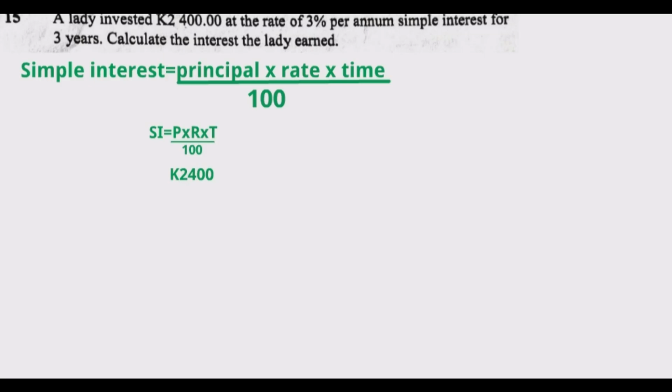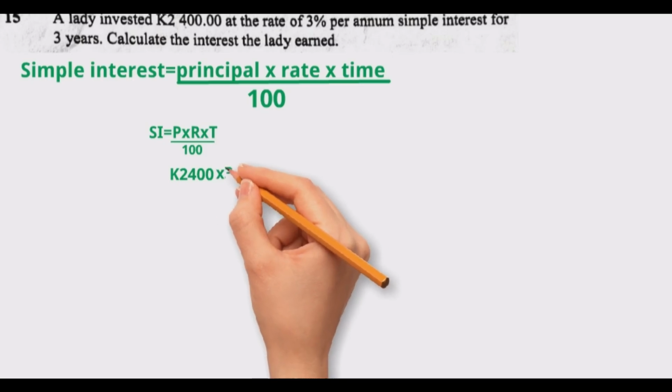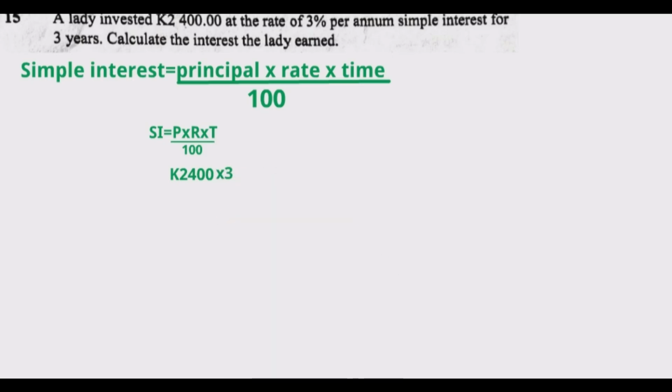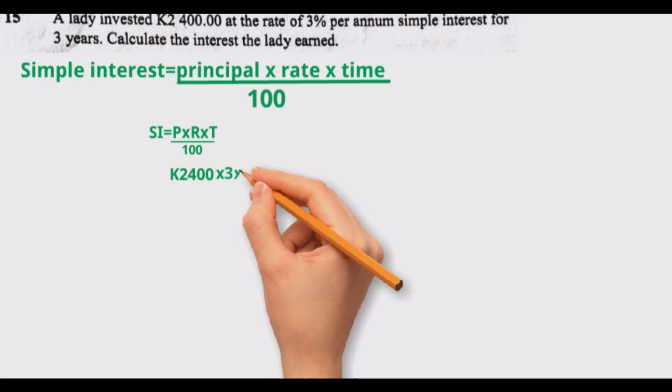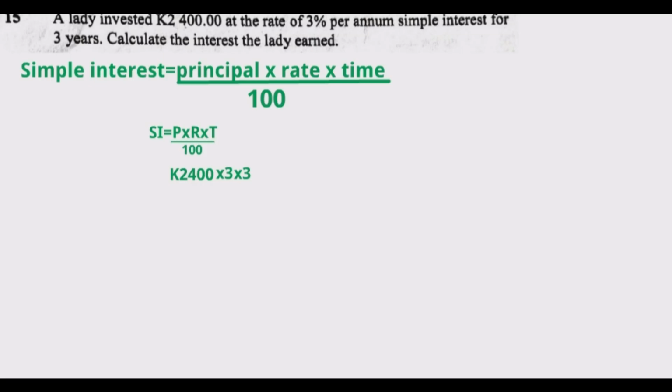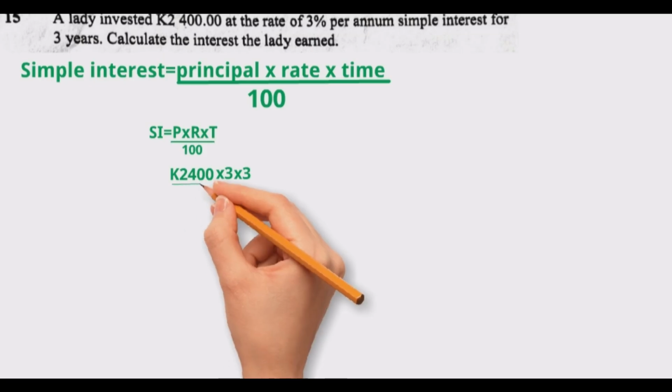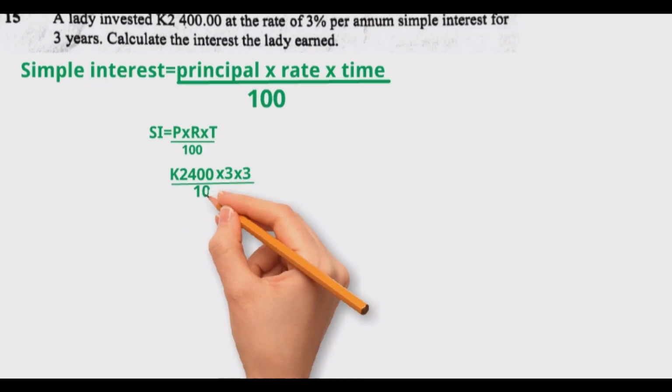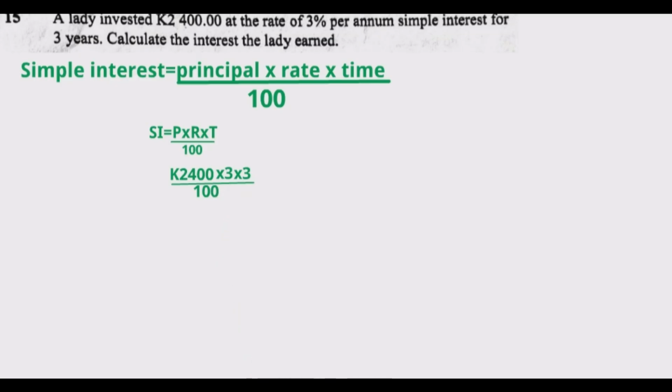The rate is 3%, so we write 3 there. Then multiply by the time. The time could be days, weeks, months, years. Here it's 3 years, so we write 3 there. Then we divide the whole thing over 100.